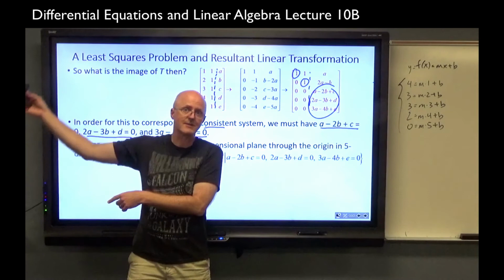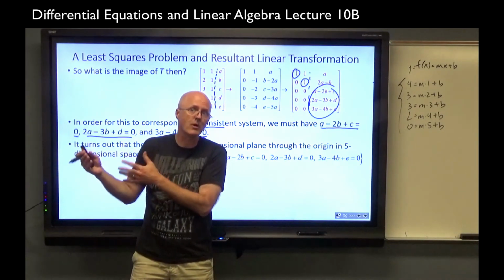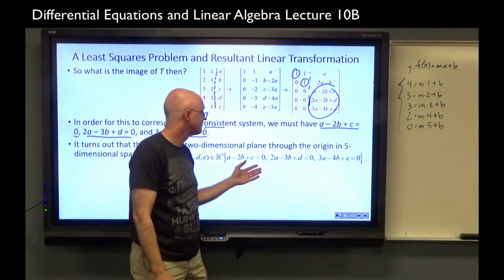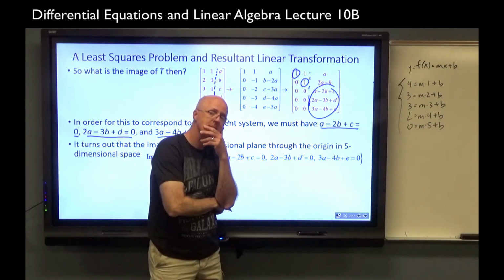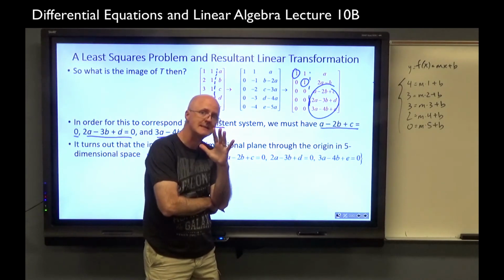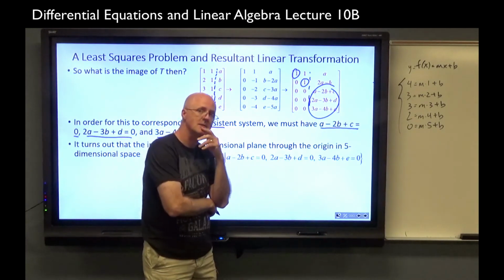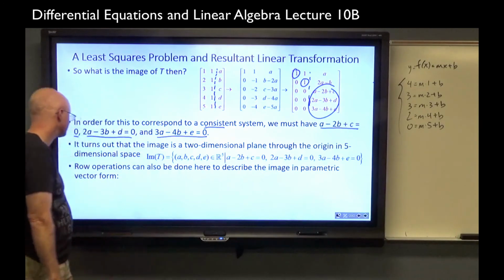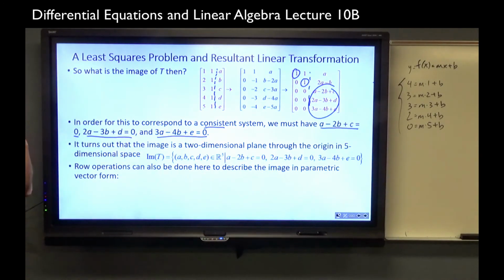The original system had 5 equations and 2 unknowns, more equations than unknowns. This system has more unknowns than equations: 5 unknowns, A, B, C, D, and E, and 3 equations. I could try to solve this system to try to describe the image perhaps in a simpler way.